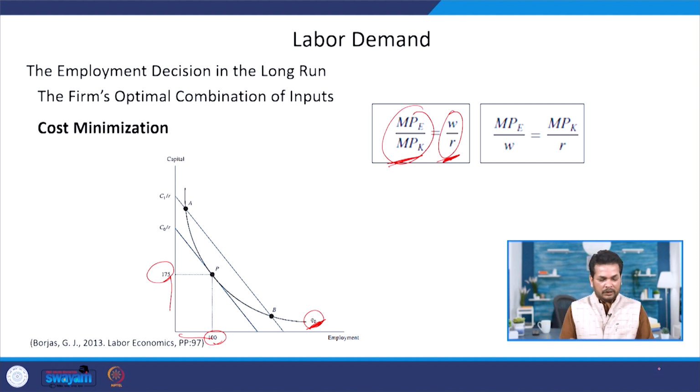So, the farm will employ this much of capital and this much of labor and will operate at point P. If you compare with point A and point B, the farm can produce the same unit of output by operating at point A and point B, but this is going to have a higher cost. Point A and point B lie on a higher isocost function.